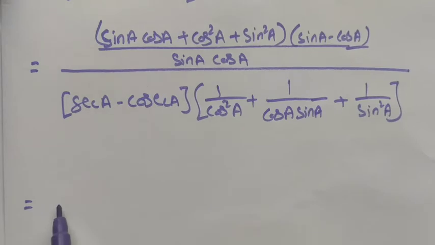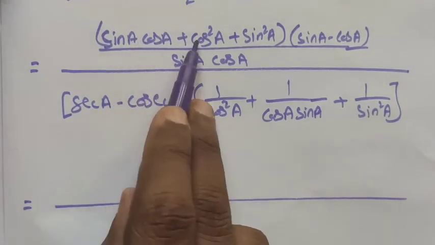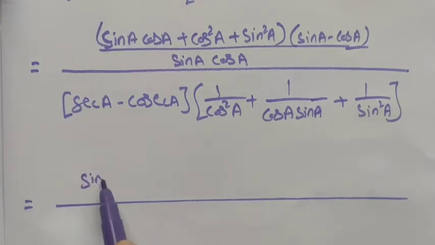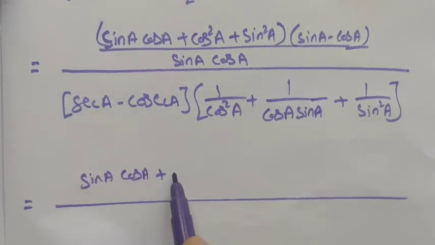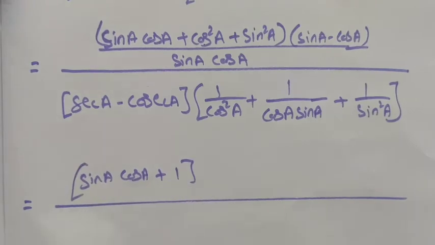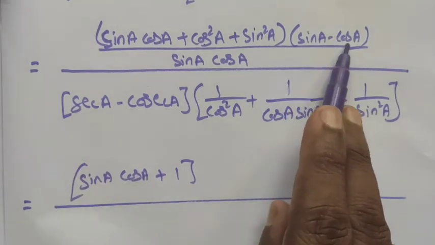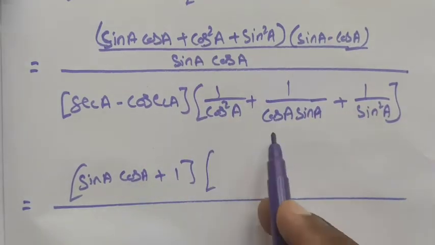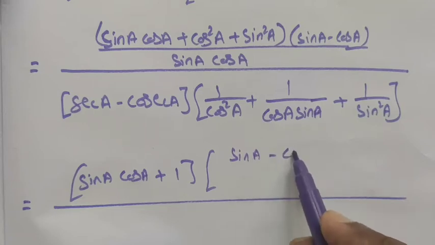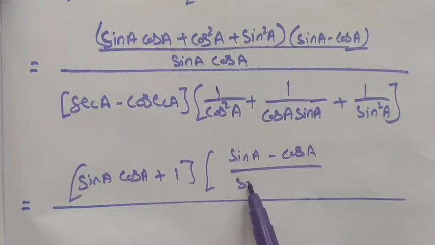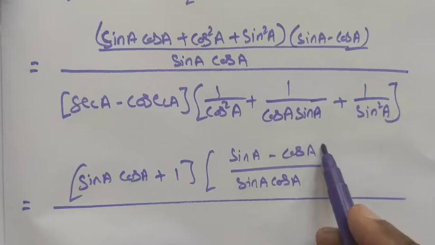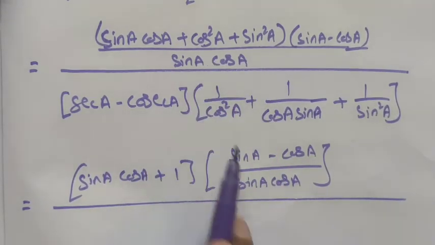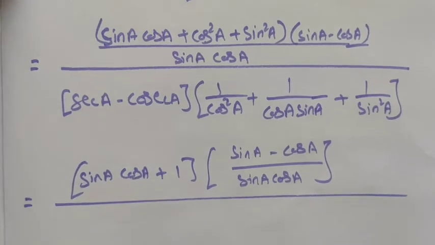See, next step, in the numerator sin²θ + cos²θ is equal to 1, so here we have (sin A cos A + 1) and then (sin A − cos A). The denominator is sin A − cos A divided by sin A cos A, it is in the product form.